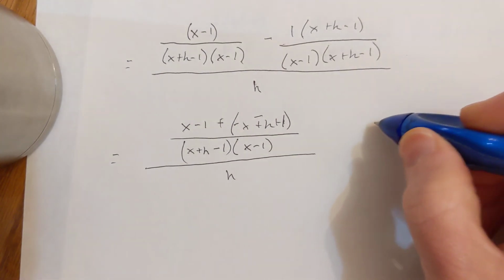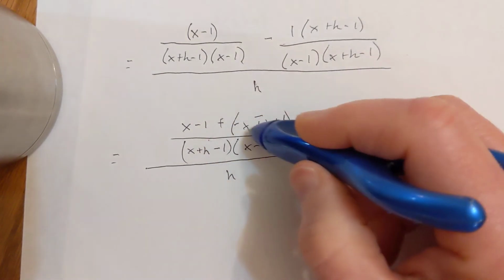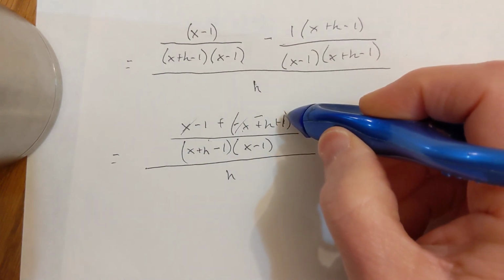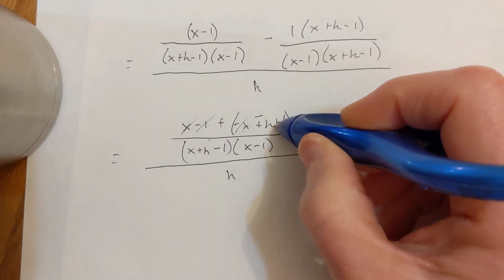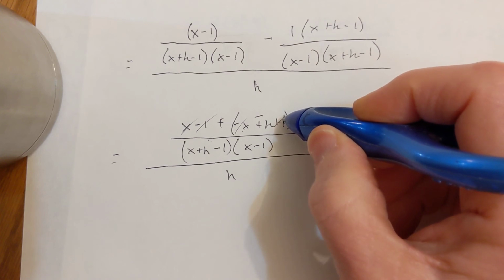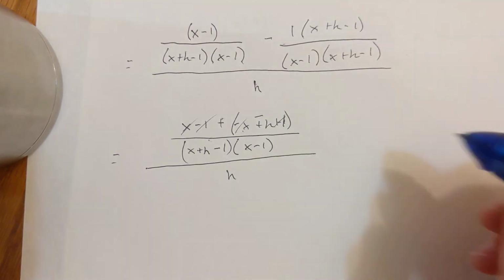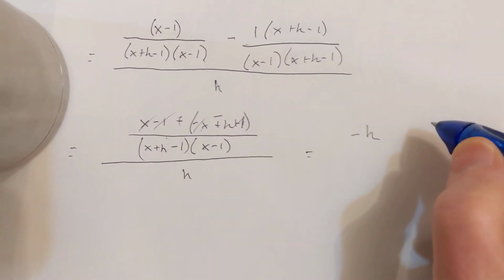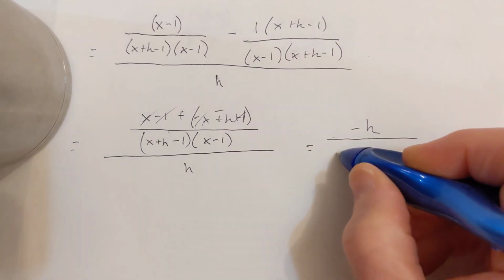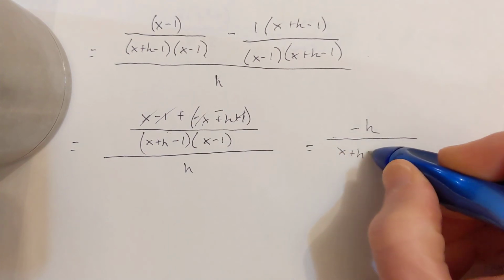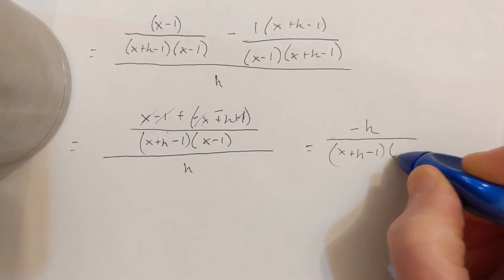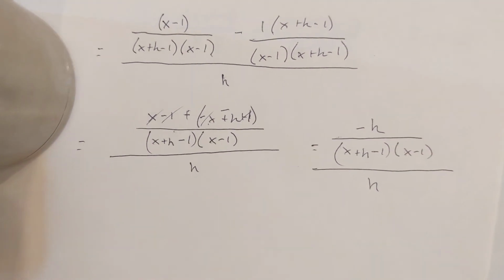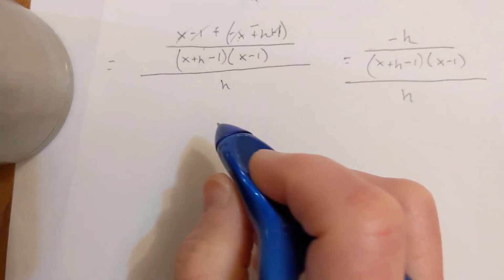Combine like terms. x minus x cancels, negative 1 plus 1 cancels, negative h. So this gives me negative h over x plus h minus 1 times x minus 1, and that whole thing over h.